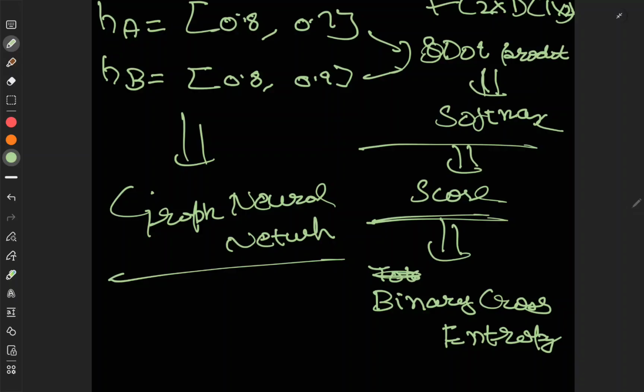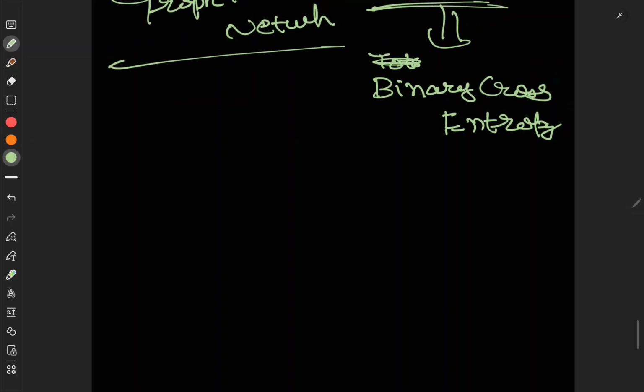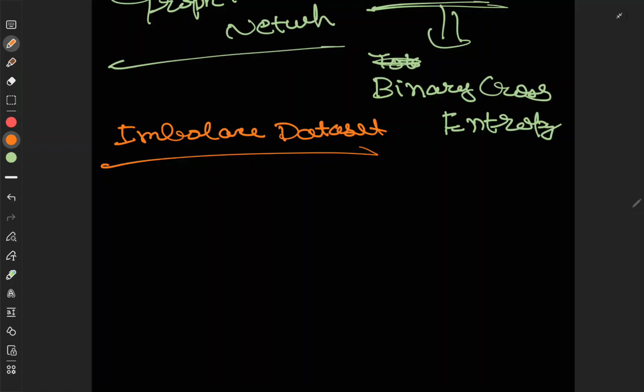Now coming to the part where I'm going to tell you a few more things on how to handle an imbalanced data set. Why is this important? See, you won't connect with everyone on the platform, right?